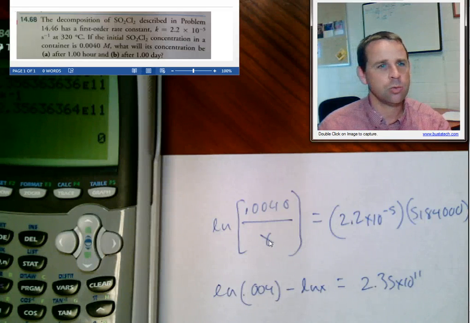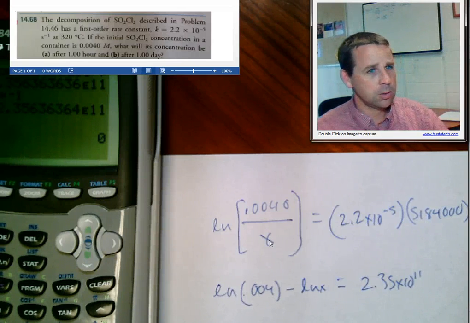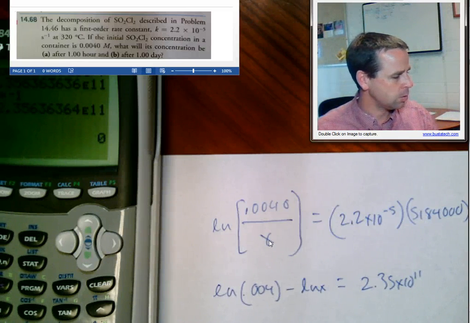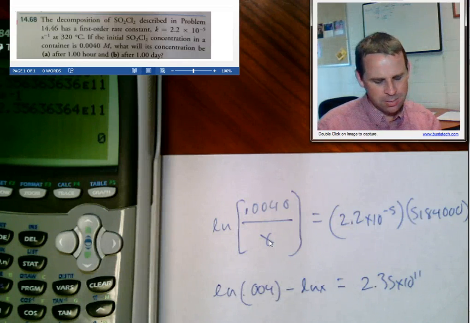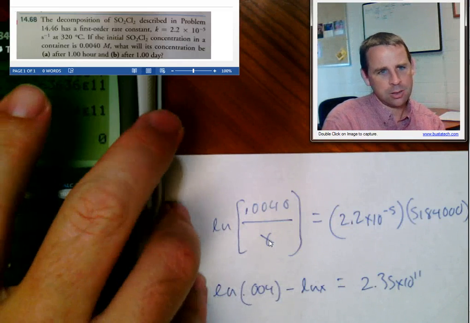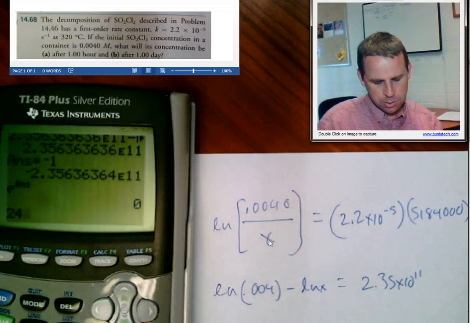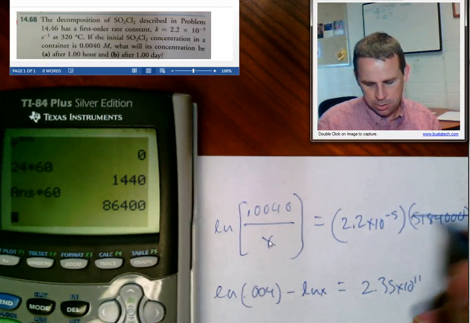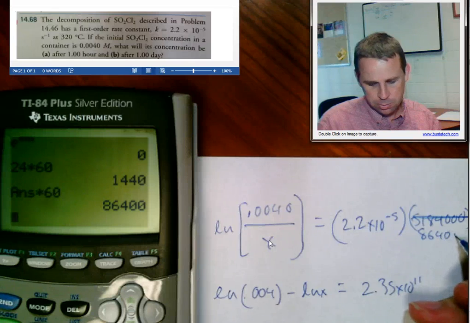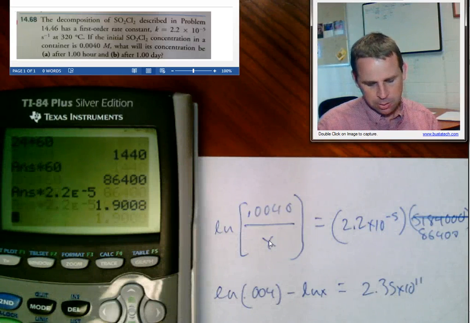That is not right. So what happened there? What did I do wrong? So this is after 1 day. Oh, how'd I get 1 day is 24 hours. Okay, try that again. 24 times 60 times 60. There we go. 86,400, not that value. Times 2.2 times 10 to the minus 5.